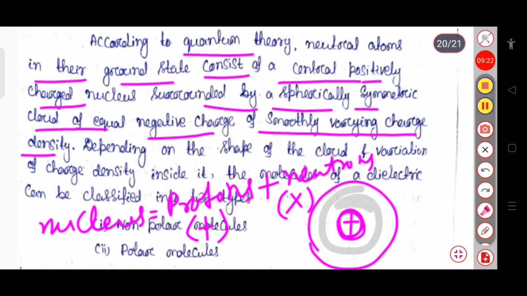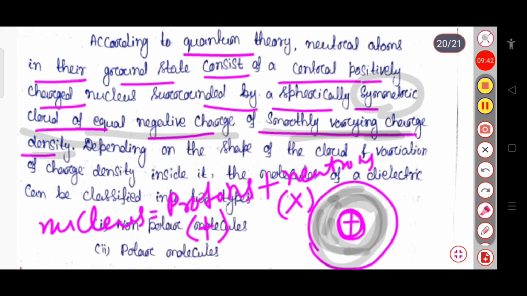These are the cloud of electrons that surround the nucleus, with equal negative charge of smoothly varying charge density.